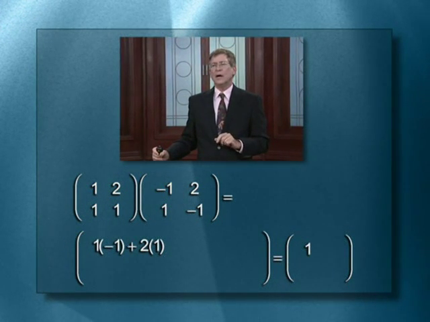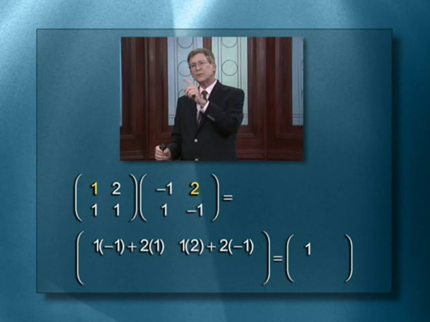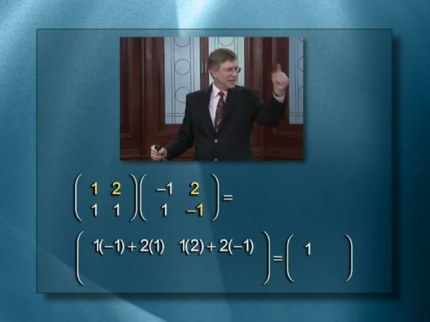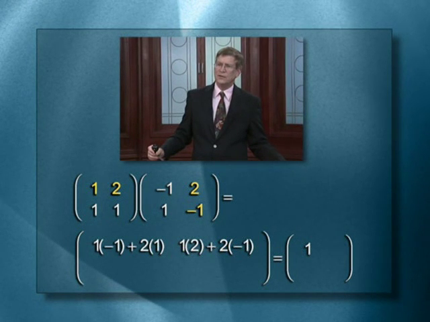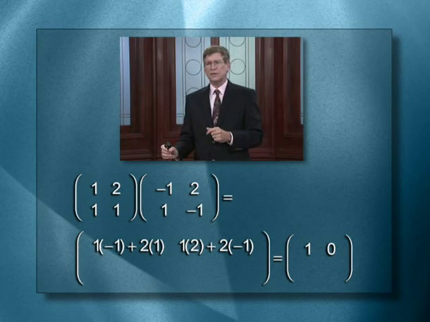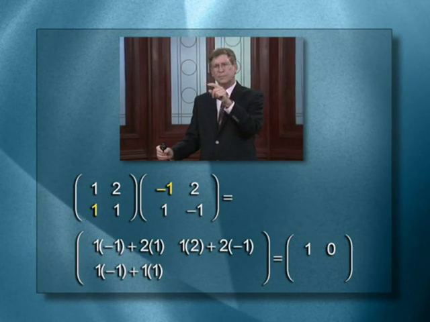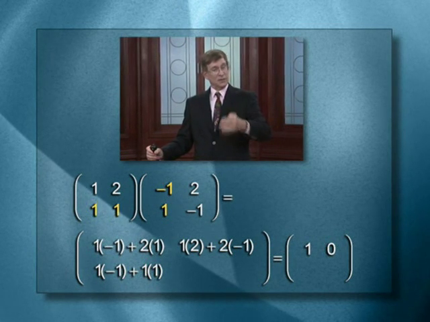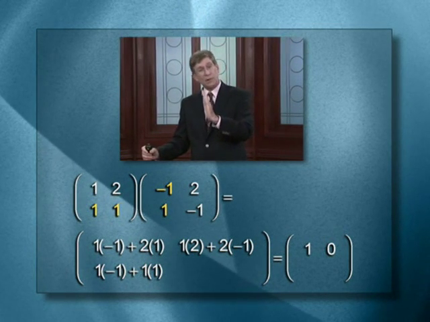Let's try the upper right corner. 1 times 2 plus 2 times minus 1. I'm going across the row and down the column of the second matrix, and that yields 0. How about the bottom left? 1 times minus 1 plus 1 times 1. Second row of the left-hand matrix times the first column of the right-hand matrix.